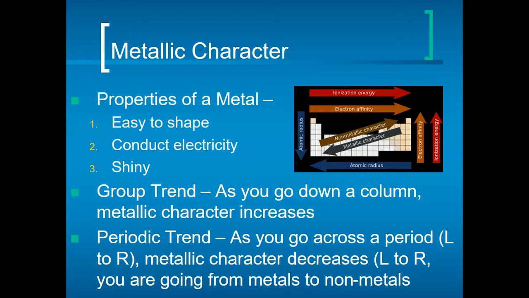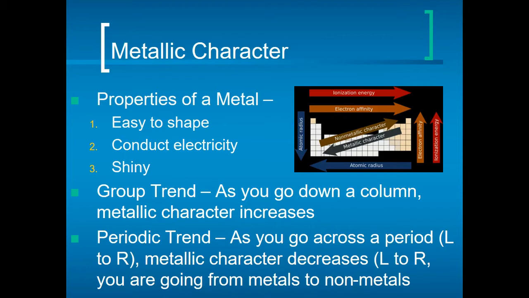How metallic it is. The top right-hand corner of your periodic table are your nonmetals. So one way of thinking of how metallic something is: the further away you are from that nonmetal section of the periodic table, the more metallic you are. So what does that mean?